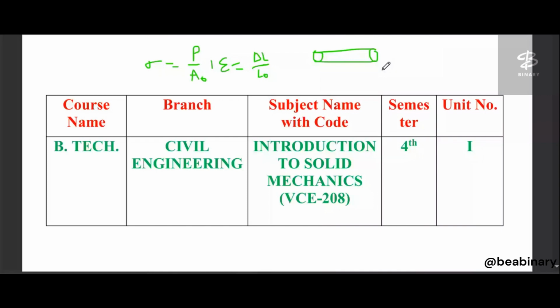Suppose the diameter is D, the same diameter D and D, and the area is A naught.